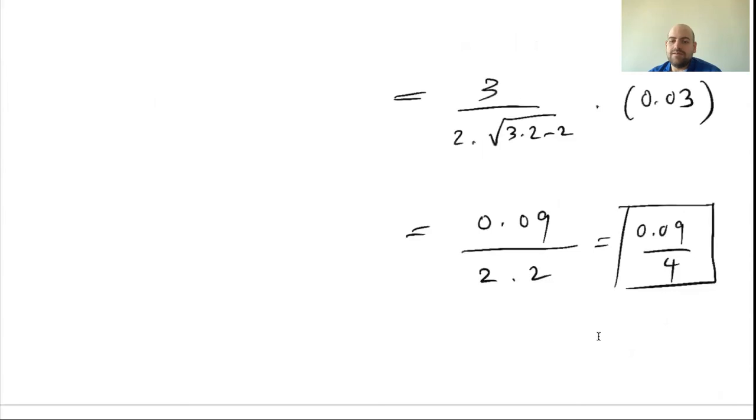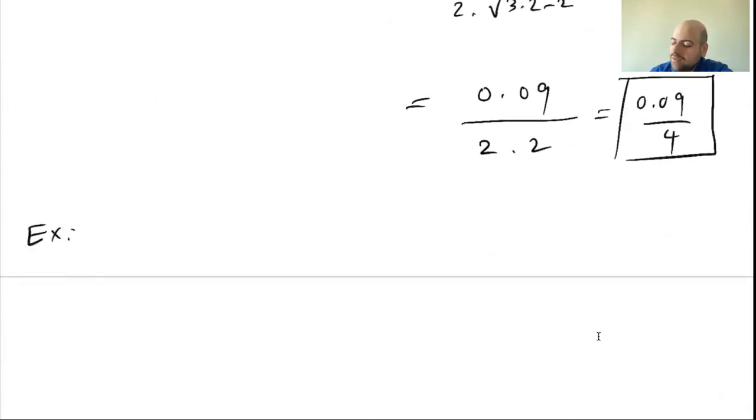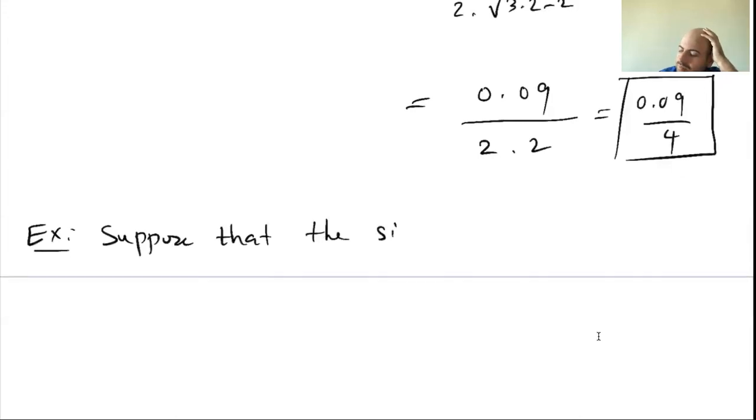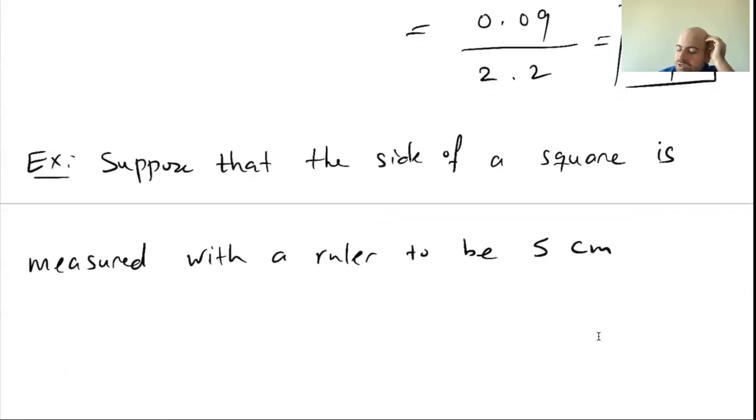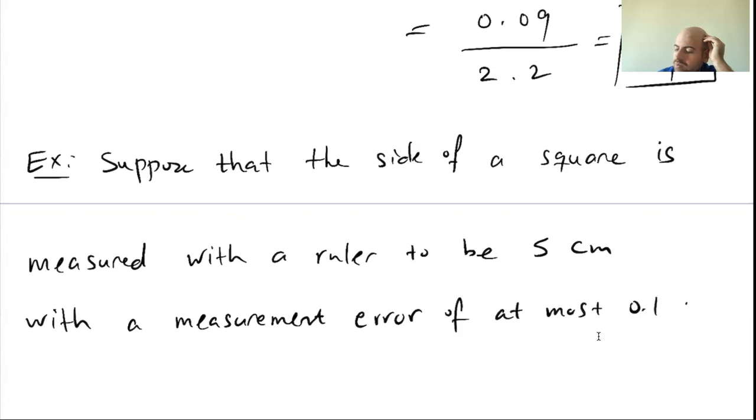Now let's look at the next example. Suppose that the side of a square is measured with a ruler to be 5 centimeter with a measurement error of at most 0.1 centimeter.